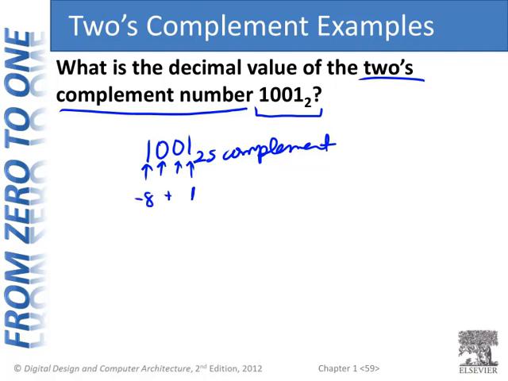So minus 8 plus 1, we're going to get minus 7. But again, we can use taking the 2's complement to figure out the magnitude. We already know it's negative because it has a 1 in the most significant bit. So we know it's negative. Now we just need to figure out the magnitude. So we know it's negative something. We need to figure out what that something is. We can do that by taking the 2's complement.